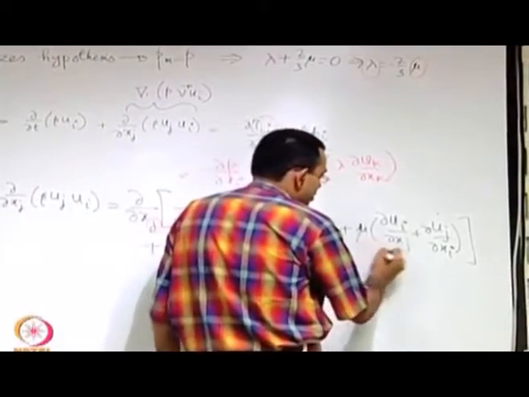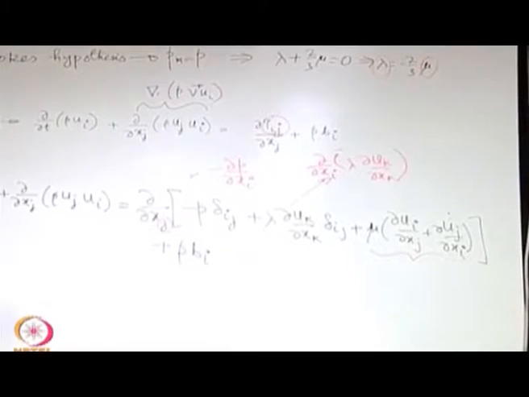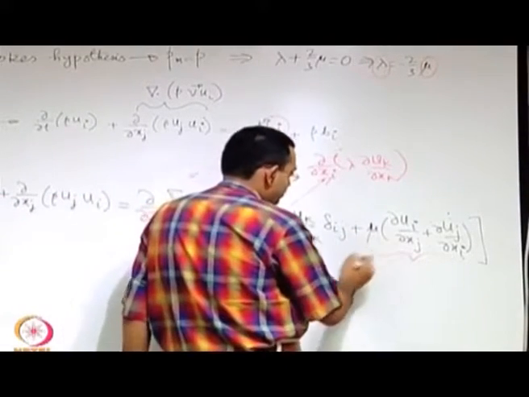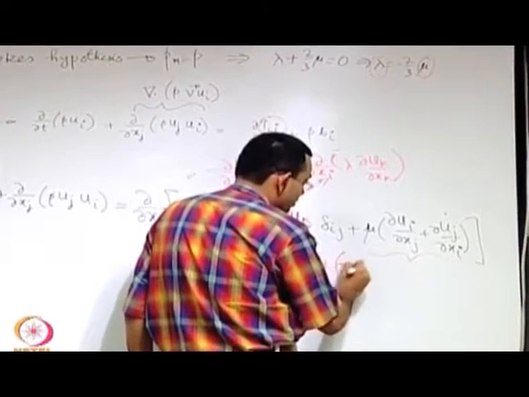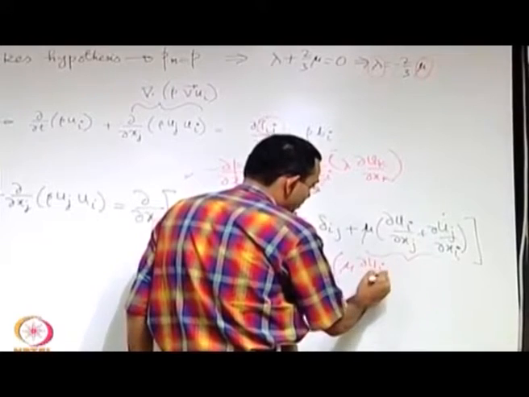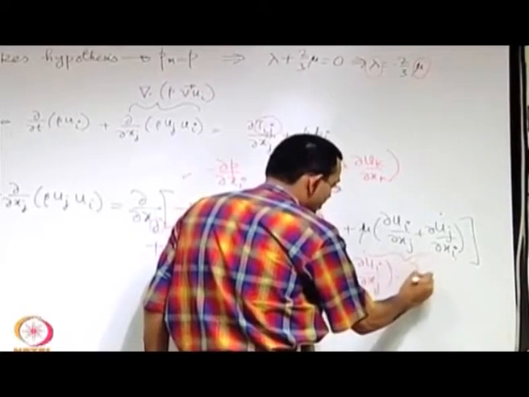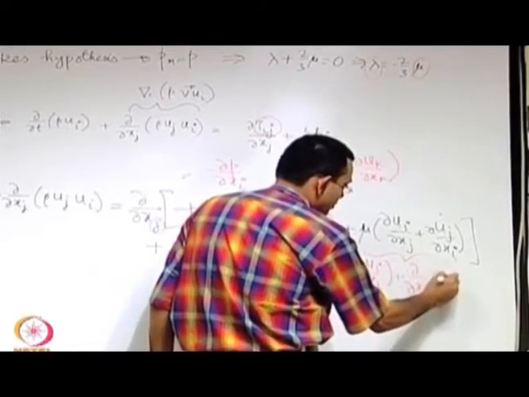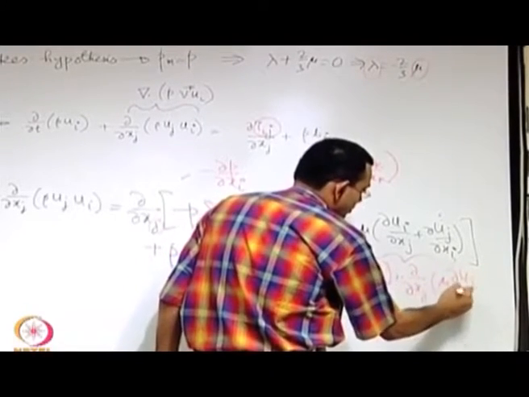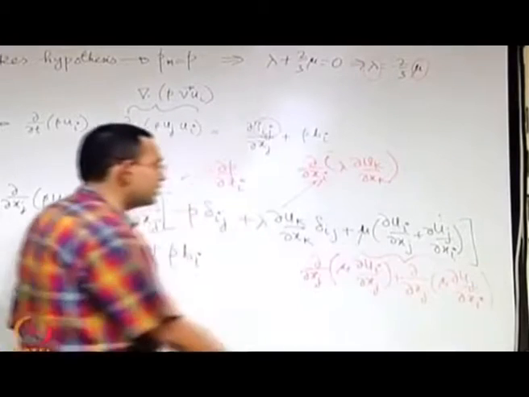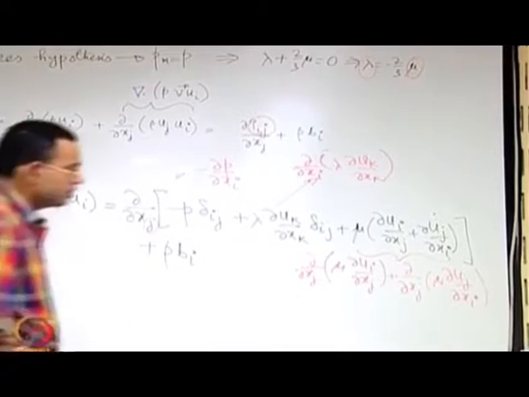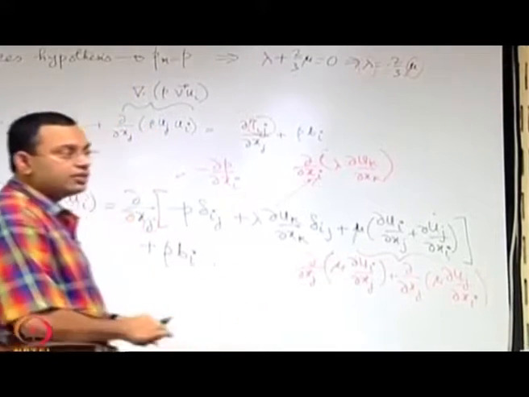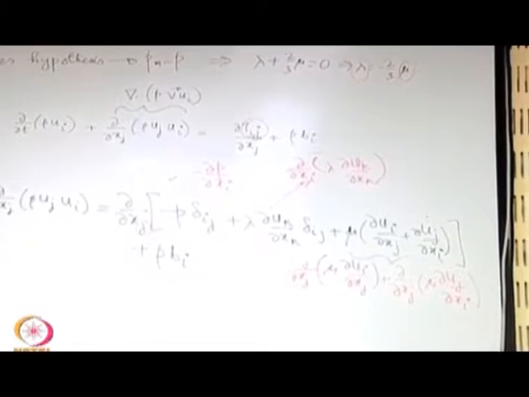For the term in the last bracket, you have basically two terms. The first term is this and the next term is... okay. See, when you have a second derivative and you write in an index notation, you have to be very careful.